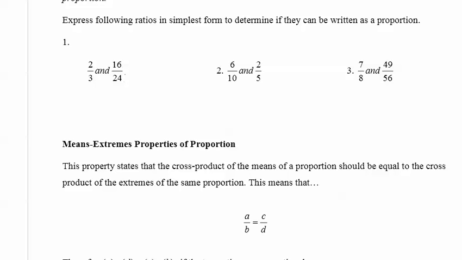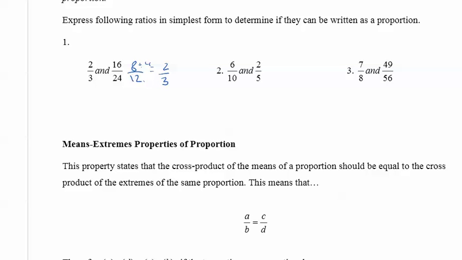So let's try this first example here. 2/3 is reduced, so let's try the method of reducing first. 2/3 is reduced. 16/24 is not reduced. Let's reduce 16/24. Well, first, you can divide 16 by 2 to get 8, and 24 by 2 to get 12. This then can be divided by 4 to get 2/3.